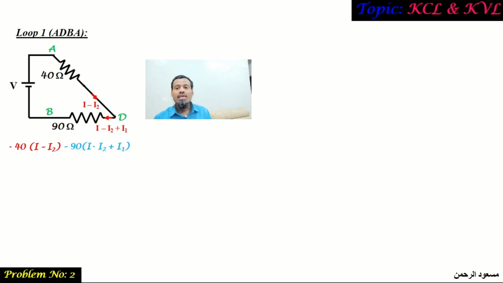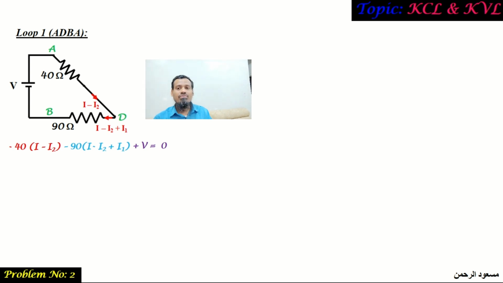Then we travel from B to A, where we face the battery, and according to the assumed current direction, the current is flowing internally into the battery from minus to plus. So it is a potential rise, so a positive V, which is equal to 0.